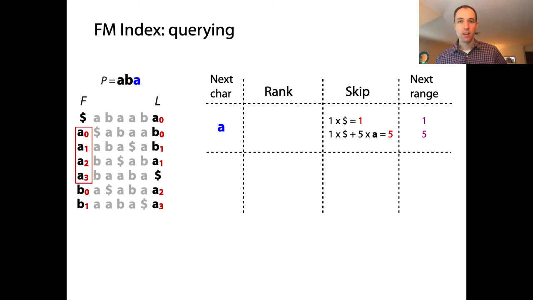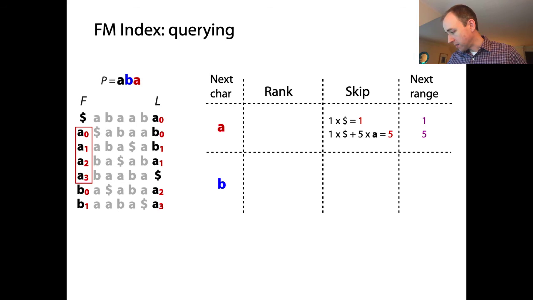Now we can move on to a more interesting part. Given that that's the range of rows that start with A, now we want to find the range of rows that start with BA. Here's where we have to do our rank queries, the ones that we were just discussing. So what are the rank queries?